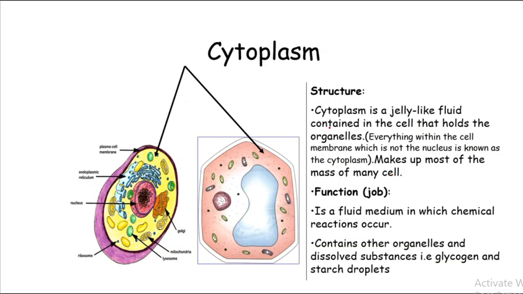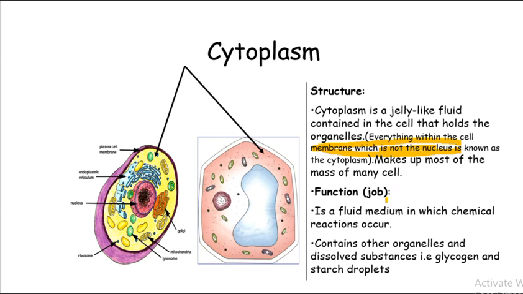Let's look at the cytoplasm. Cytoplasm is a jelly-like fluid contained in the cell, and it holds the cell organelles. In short, this cytoplasm is everything within the cell membrane which is not in the nucleus.